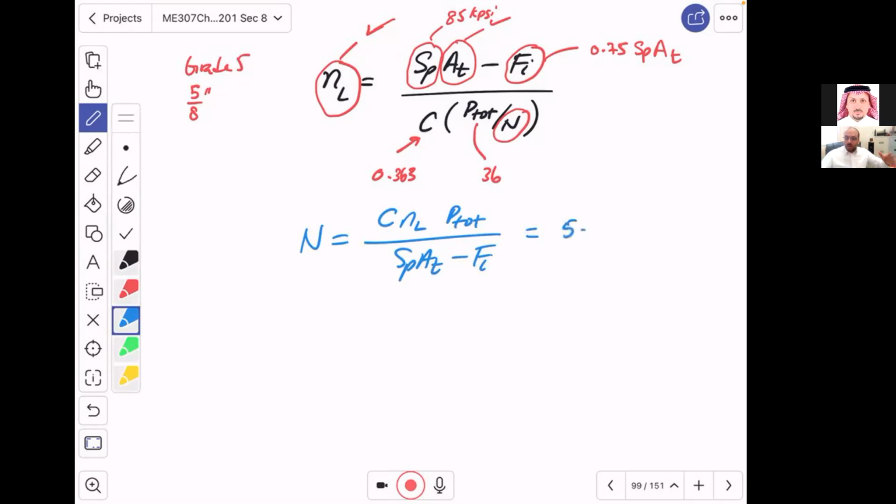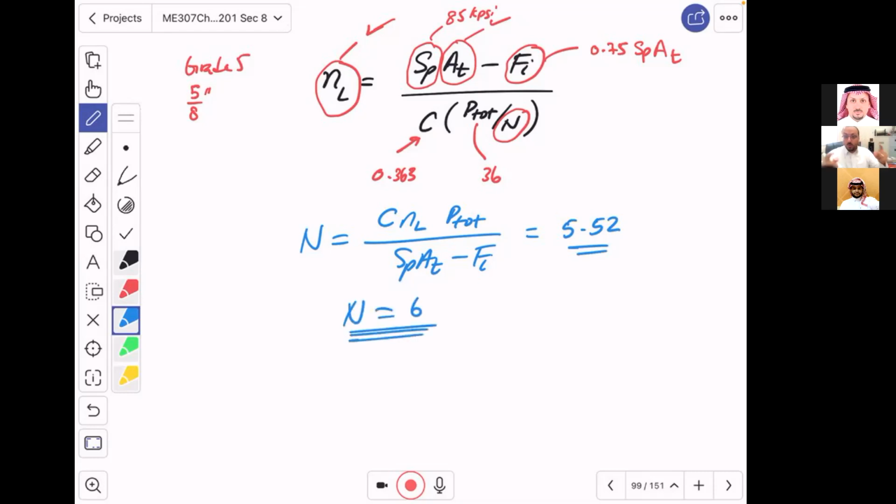Now, how many bolts do I need? How many, Shabab? 6. I need 6. Why? I mean, if I need 5.52, I cannot put 5.5. I cannot put half a bolt. And if I can't, I need to round up, not round down. So I will use N as 6.